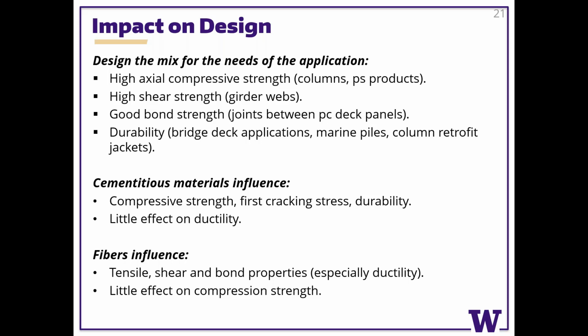They have a strong influence on the tensile, shear, and bond properties, and you saw that from, I think it was David Garber this morning, showed that. But they actually have a very low effect on the compression strength. And if you push it too far and you go up to the 6% fibers, the compression strength actually appears to go down. And we saw that in our own work. And that is quite probably because it gets extremely difficult to mix if you have that much fiber in there.